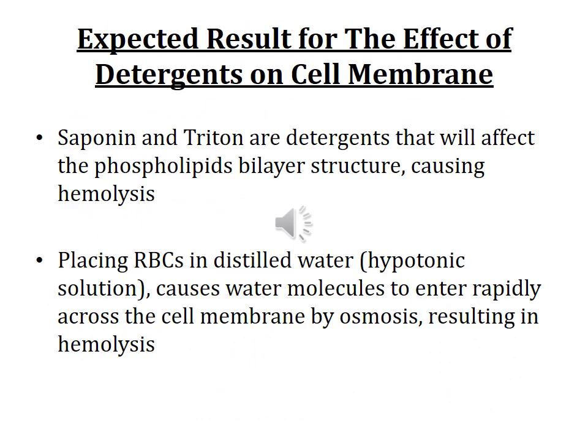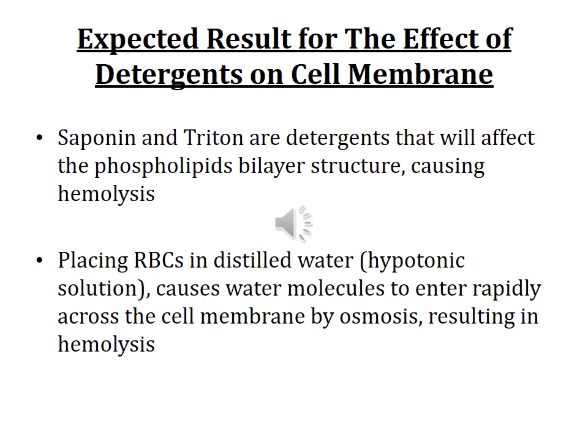Again, Triton and SDS, and here in the slide it also says saponin. Triton, SDS, saponin, they're all detergents, and they affect the phospholipid bilayer. How do they affect it? As mentioned in the last slide, they create this micelle structure, which is not very good for the cell, and we expect to see hemolysis. Now, what do we expect to see when we put cells in a hypotonic environment, in just water?